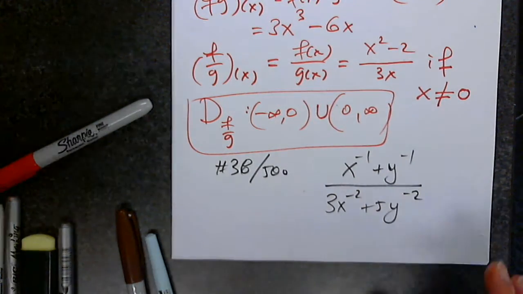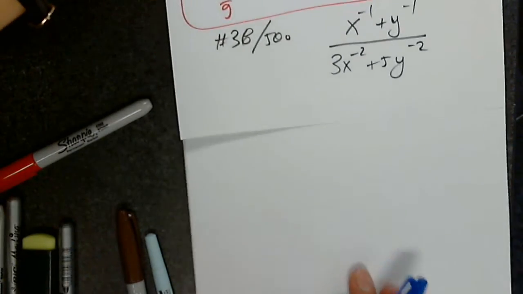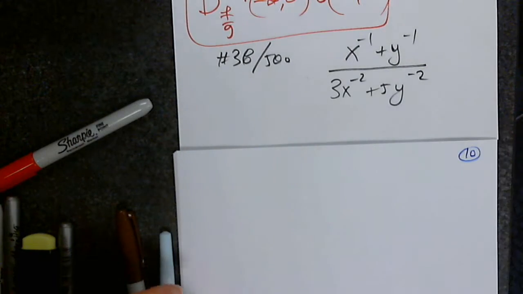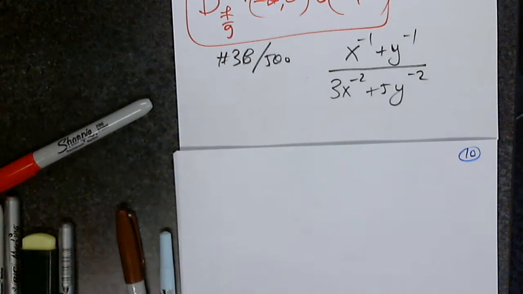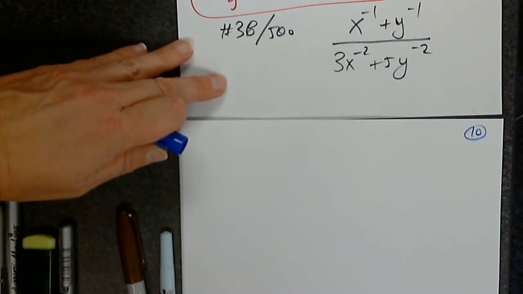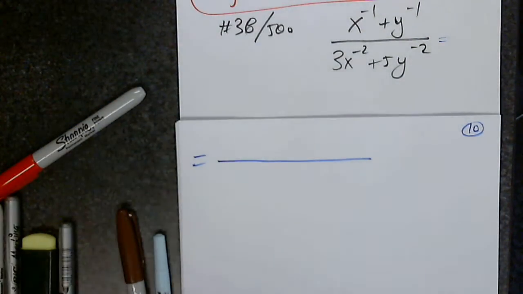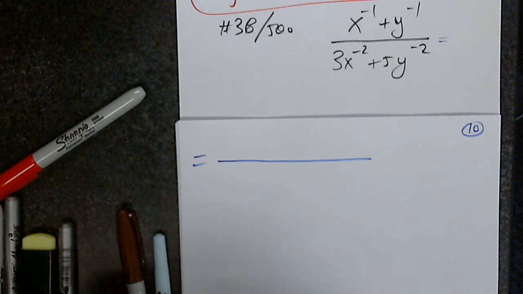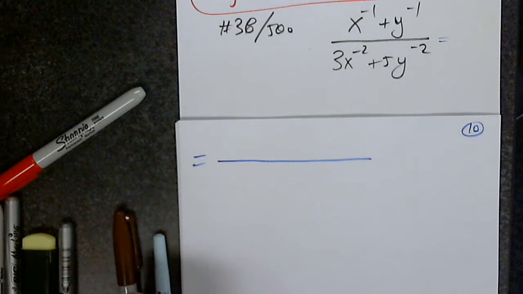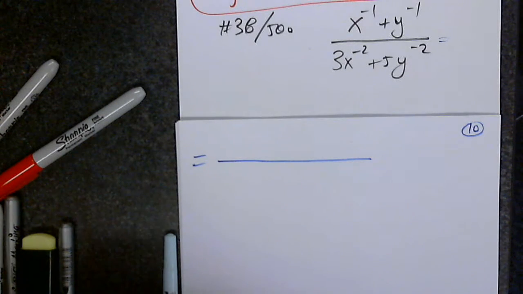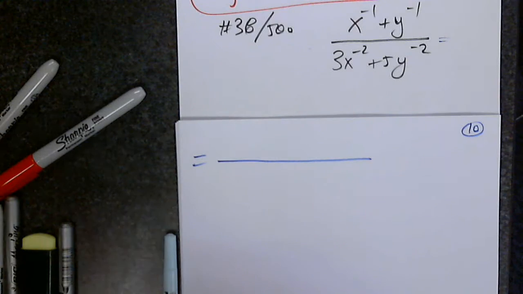Can anyone get us started on this? You're trying to simplify the bottom first, the denominator first? You work with the exponents first. Yes. In what way? They're all negative.